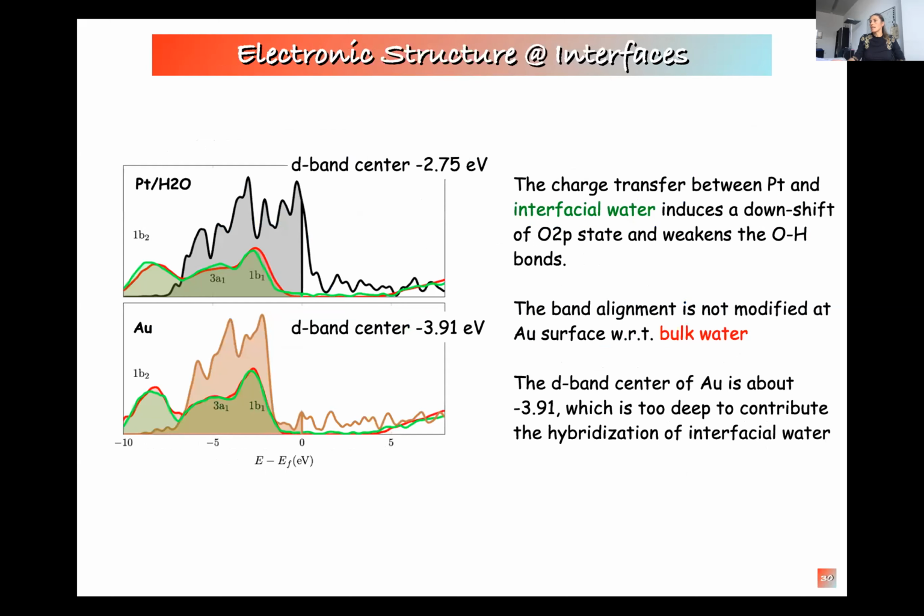And it was already observed that there are differences in this electronic charge transfer between the water and the metal. And that is also observed here in averaging the projected density of states of the two simulations, with platinum and with gold, obviously also with the interface with water.